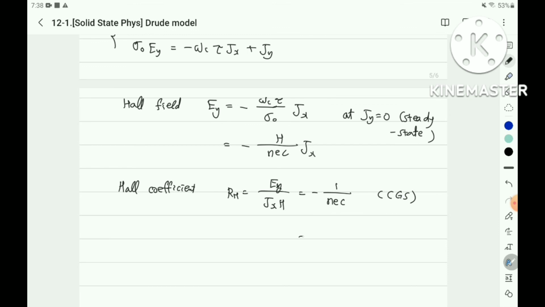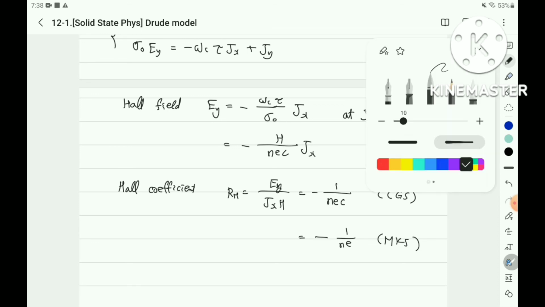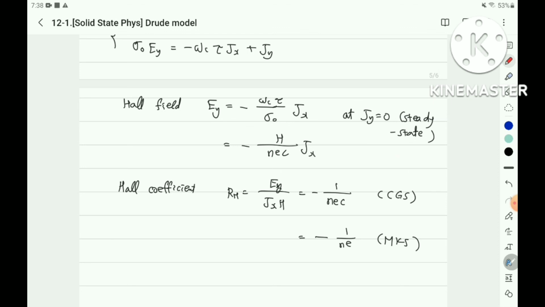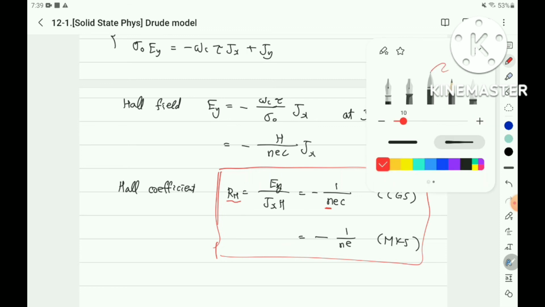In MKS, minus 1 over ne. Therefore, it is important; we use it many times in experiments in the Hall effect. By calculating the Hall coefficient, we can obtain the carrier concentration, because e is the elementary charge and c is the speed of light. By measuring the Hall coefficient, we can calculate the Hall carrier concentration. Then how to calculate the Hall coefficients?